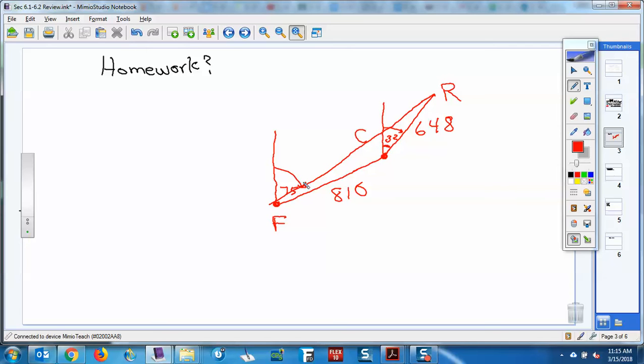Okay, well, that's where our horizontal and vertical lines that we can draw in here are going to come into play. I would probably go with something like right here, because this is going to be 90 right there. And then what about this little piece right here? How can I get that?